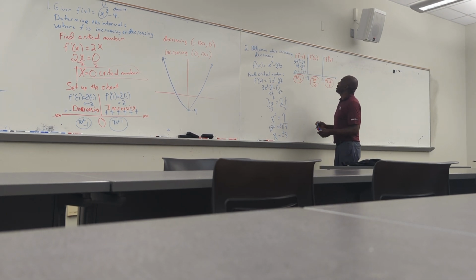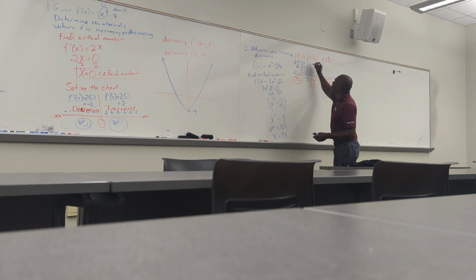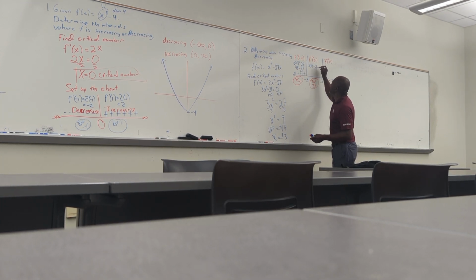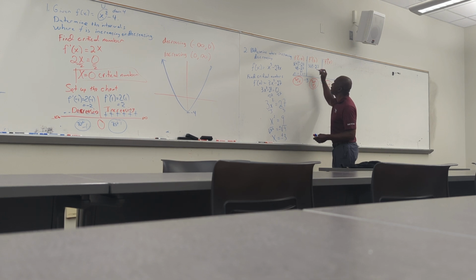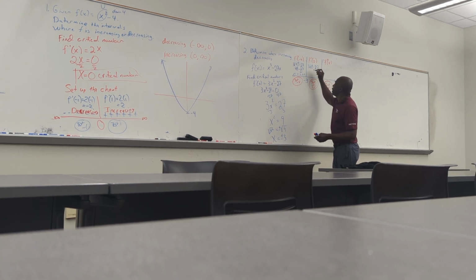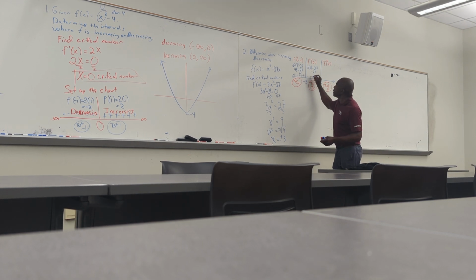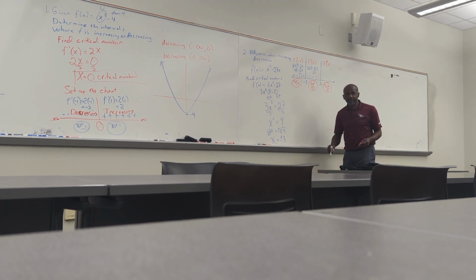We good? Now when I put in 0, I got 3 times 0 squared minus 27, which is 0 minus, hopefully y'all know this, negative what? 27. We good? So right in here is what? Negative.